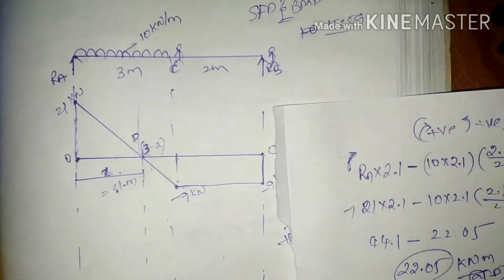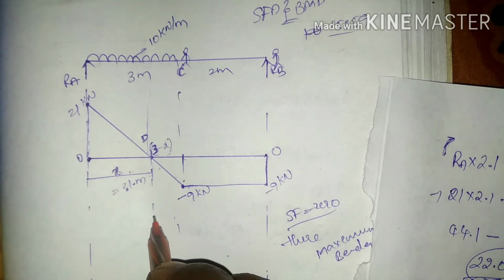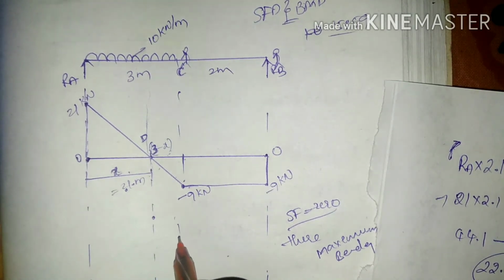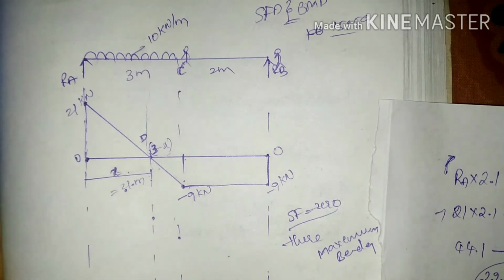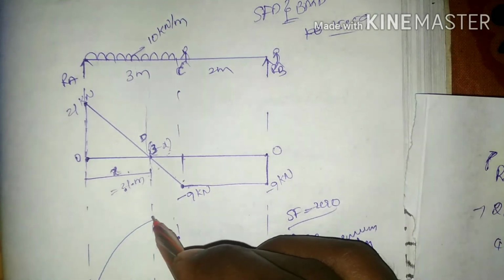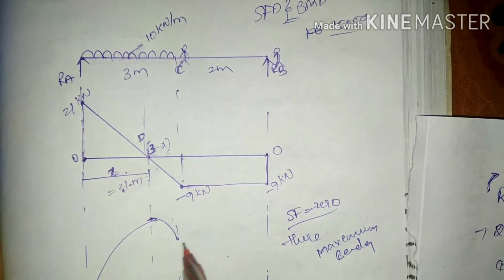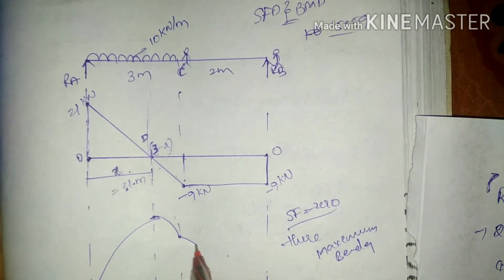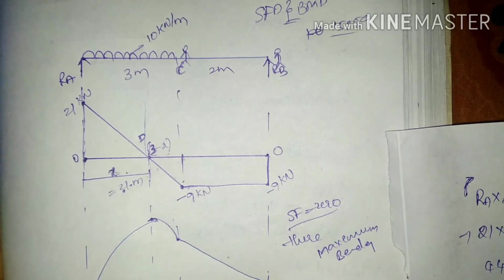So at D I have 22.05, at C I have 18. Between A and C I get a parabolic line because it has a UDL, so it is parabolic from A to C, and thereafter it goes with an inclined line to B, to the 0 value.